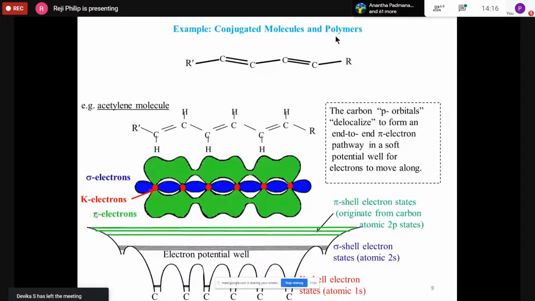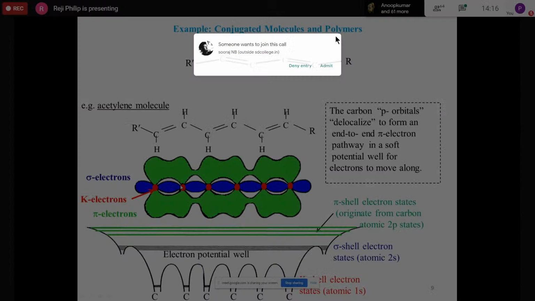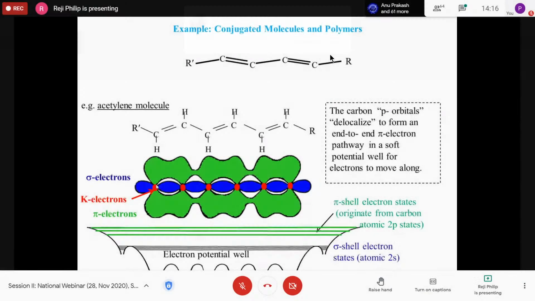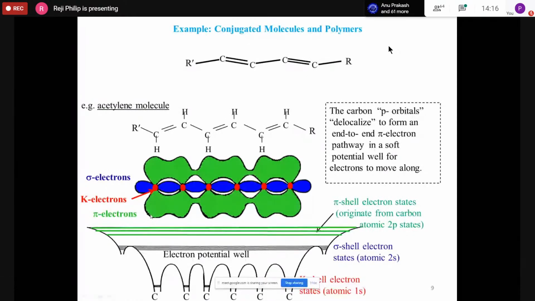So we leave them. Then you have sigma electrons, which are a little more extended, but they are also not really very movable by the application of external fields. But then you have pi electrons.